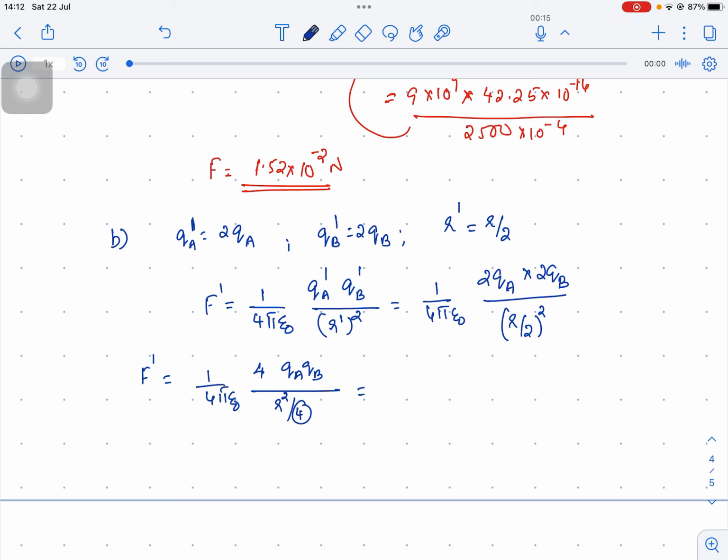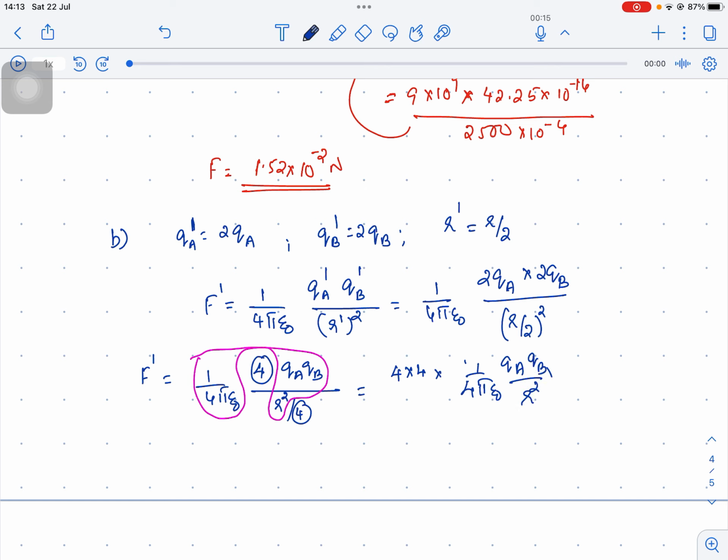This 4 in the denominator of the denominator you can take into the numerator. So it will be like this: 4 into 4, and the remaining terms, look at this remaining terms, which is 1 by 4 pi epsilon 0 QA QB by R square.